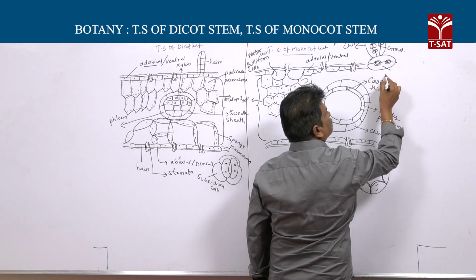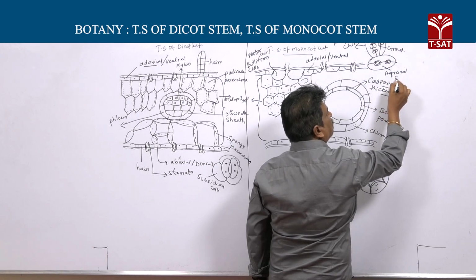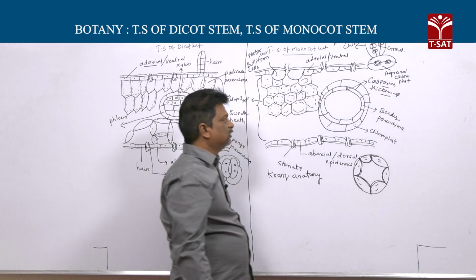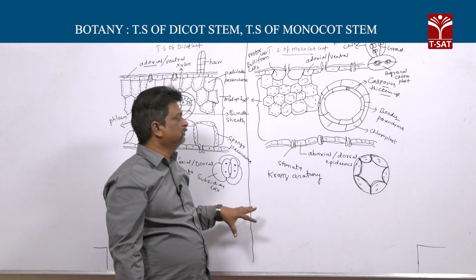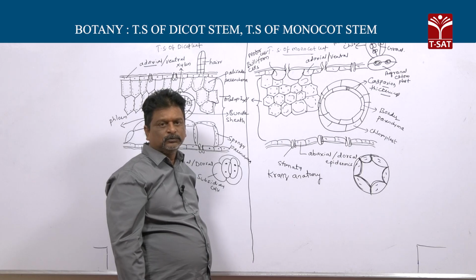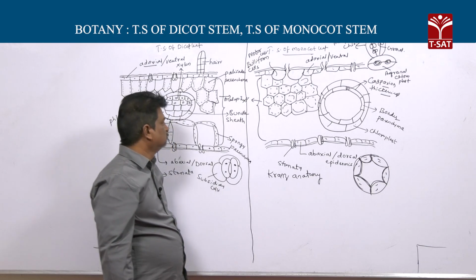Bundle sheath chloroplast is without grana, called agranal chloroplast. Such a condition is called chloroplast dimorphism. Examples: sugarcane, maize, and sorghum.